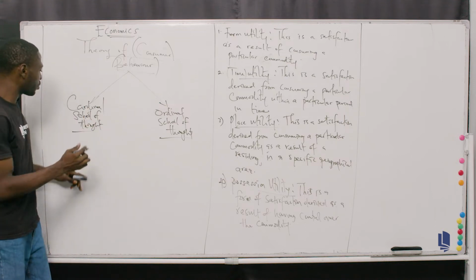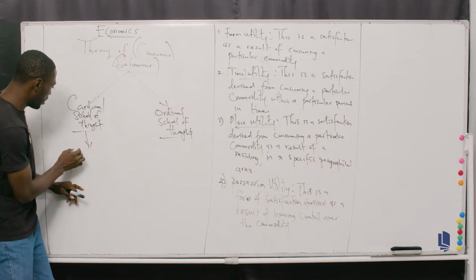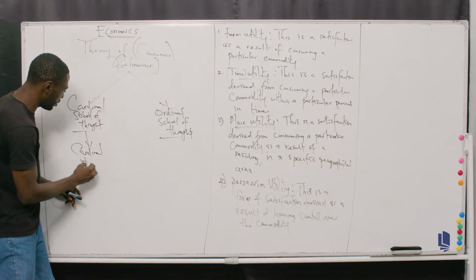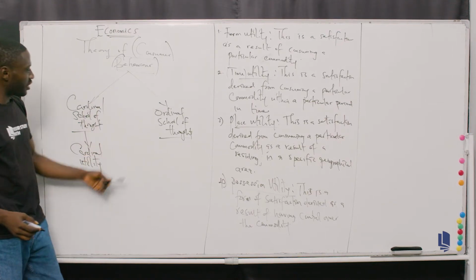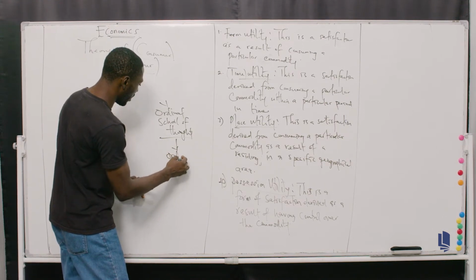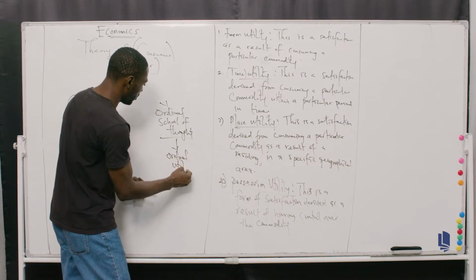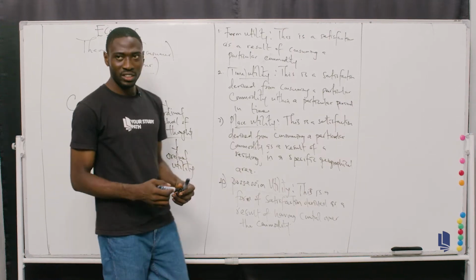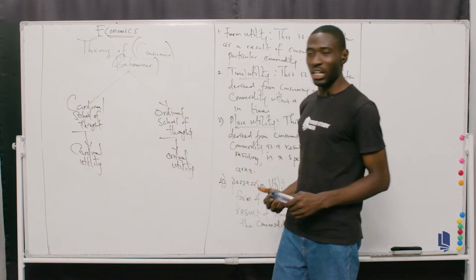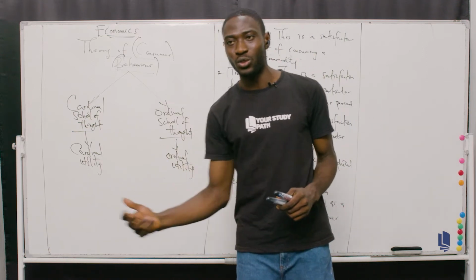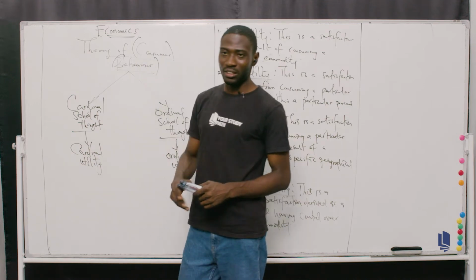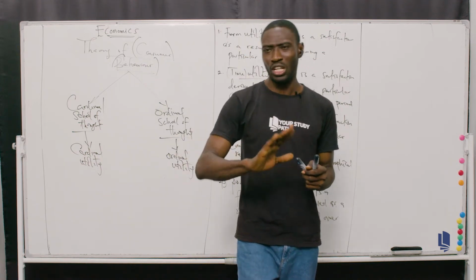The cardinal school of thought provided something we call cardinal utility. Definitely, the ordinal school propounded ordinal utility. So the cardinal school of thought brought out cardinal utility, and the ordinal school brought out ordinal utility.